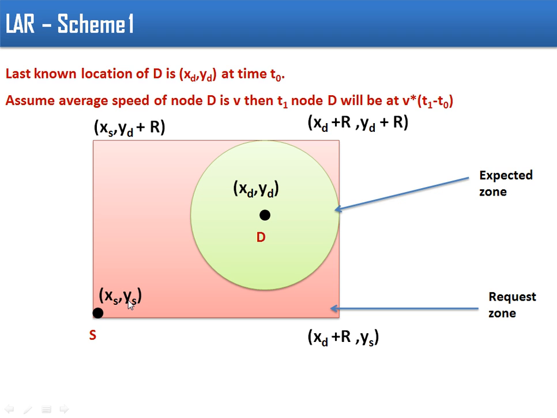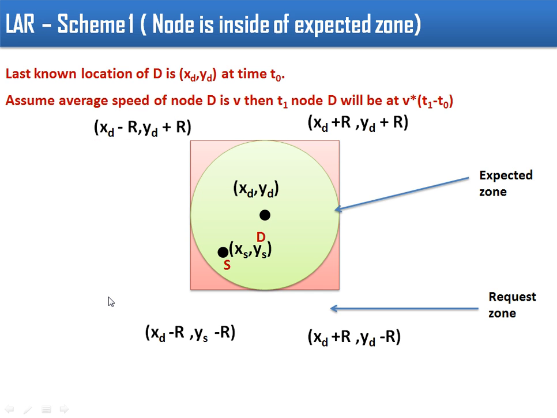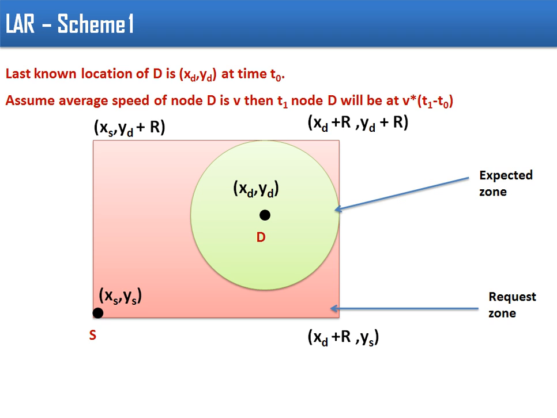We can see, if this is yd, then if you add r, you get the coordinate of this one, and here xs will be the same, so xs, yd plus r. Similarly, these other coordinates can be calculated. So when node S sends a route request packet, these four coordinates will be included in that packet.